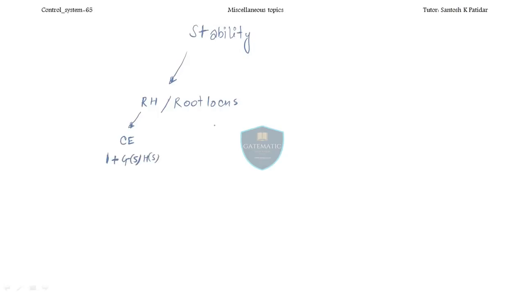And the root locus deals with the open loop transfer function, meaning it will always deal with the open loop transfer function, that is G(s)H(s), not G(s). It is G(s) only when you have the unity feedback.